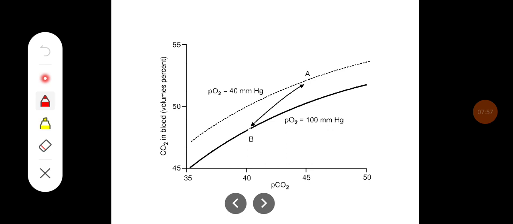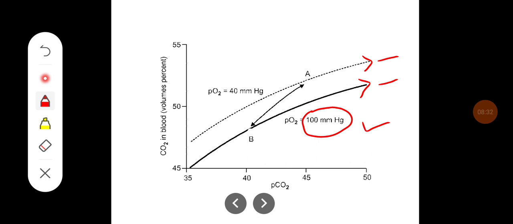And this curve shows the carbon dioxide dissociation curve at the venous blood and tissue level, and the carbon dioxide dissociation curve at the lung level where PO2 is 100 mmHg. Because it is exposed to oxygen, the carbon dioxide is dissociated from the hemoglobin, which increases the carbon dioxide delivery at the lung level.